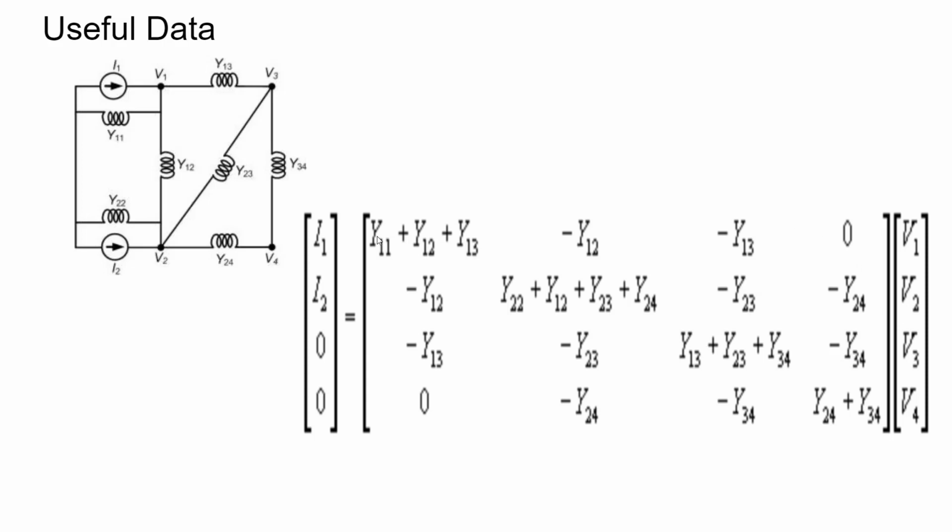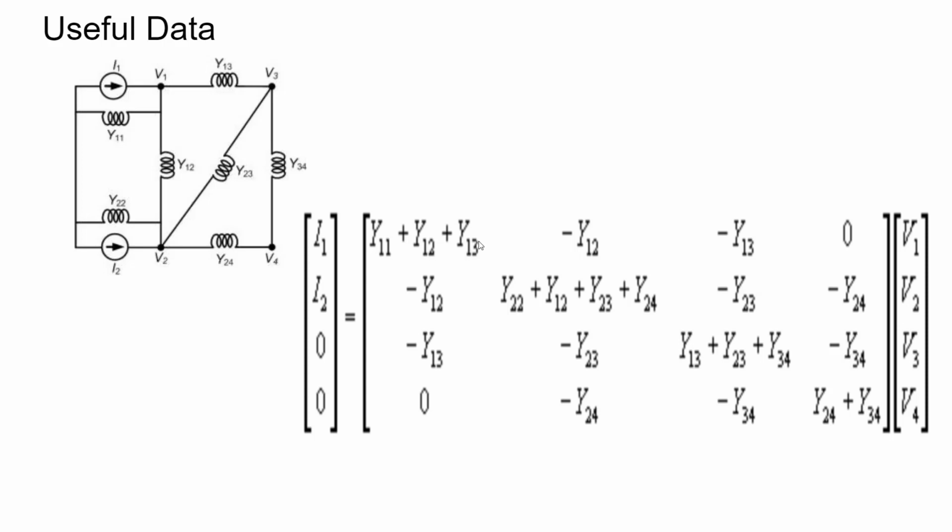So, first the diagonal element. Here, the first diagonal element is the sum of all the admittances connected to node 1. For example, V1 is connected to Y11, Y12 and Y13. So, the first diagonal element is the summation of Y11 plus Y12 plus Y13.